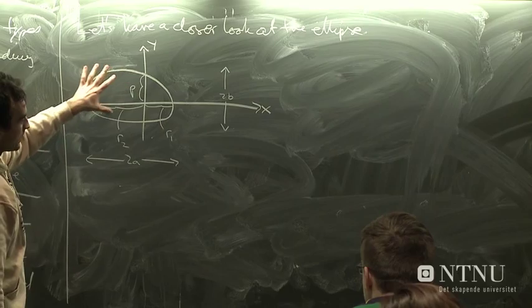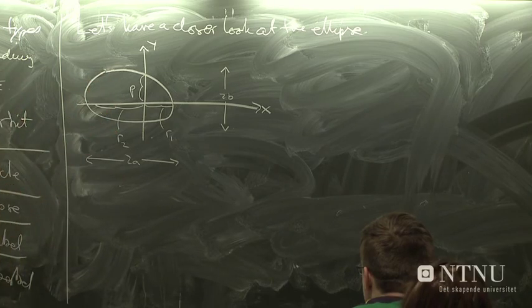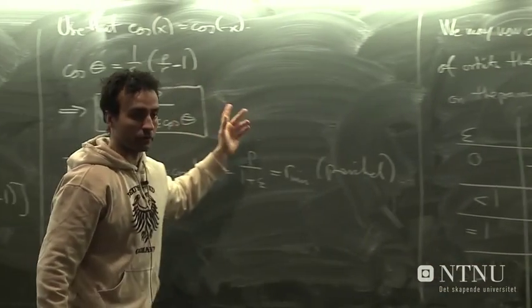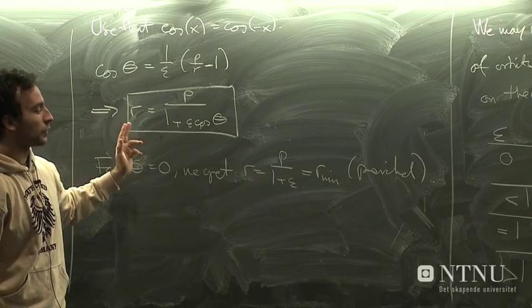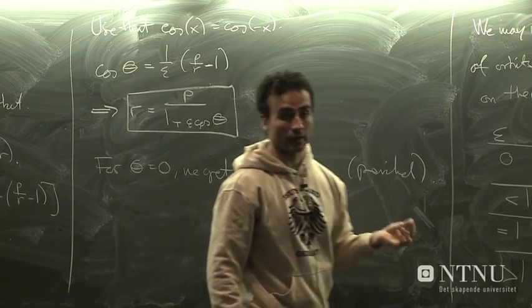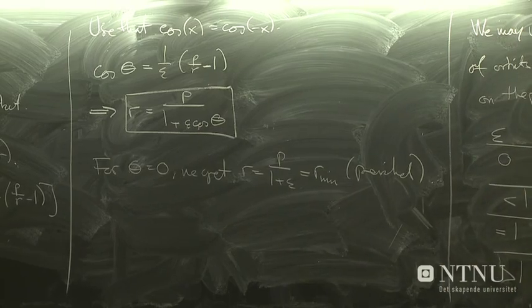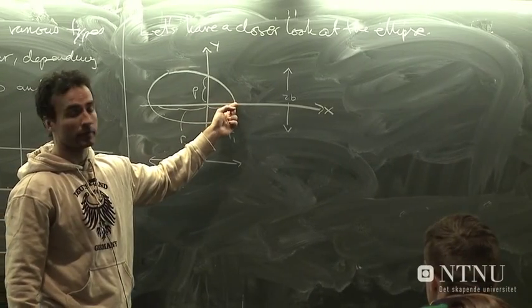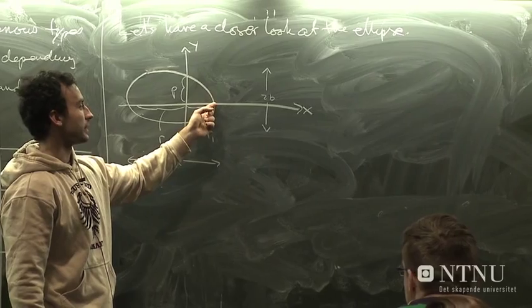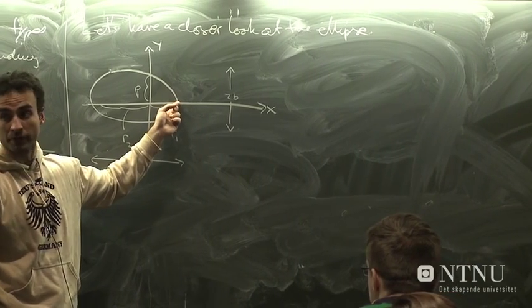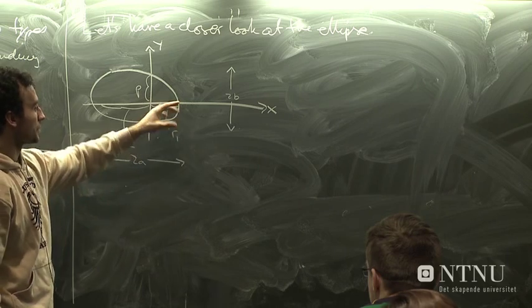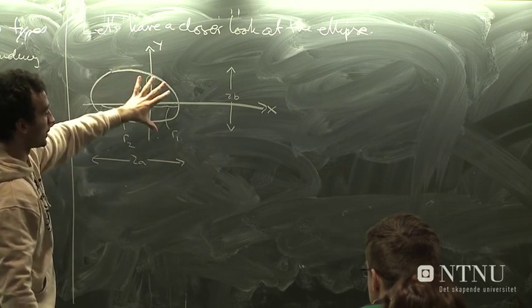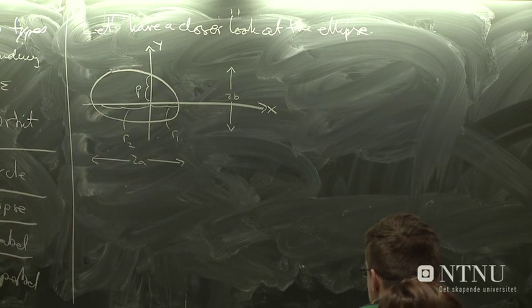Now I have drawn the ellipse like this because our expression for the trajectory has implicitly incorporated the fact that at theta equals 0, here, we should be at the perihelion, which is the point of the trajectory closest to the center, the origin, and this is this point. So this way of drawing the ellipse is consistent with our assumption.